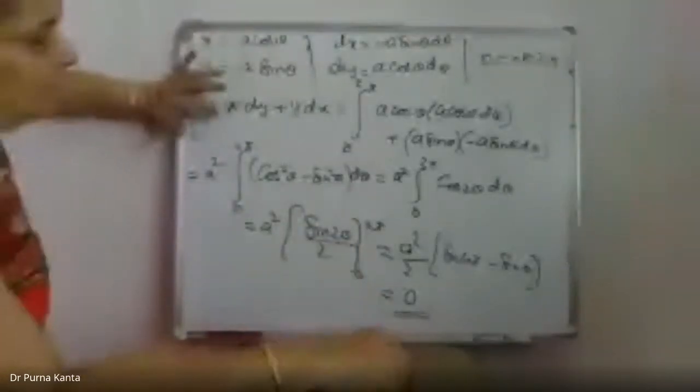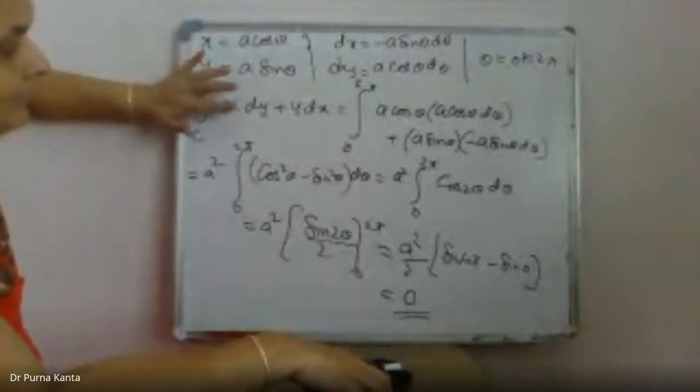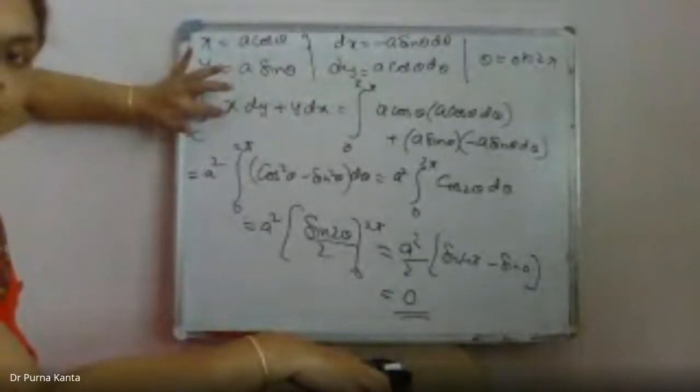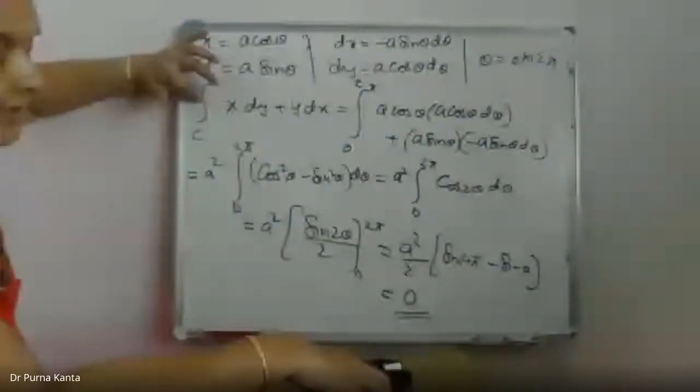Actually, this problem can be solved in a different way also. What actually is the value of x dy plus y dx? By the shortcut method, the total derivative formula, we can write it as d of xy, and the integral will get cancelled.